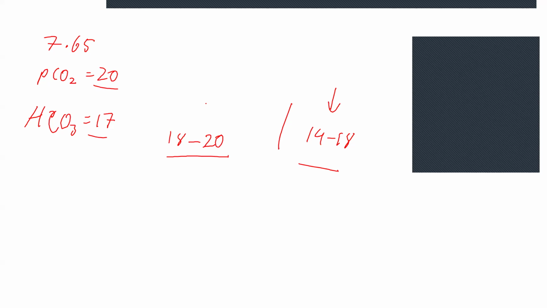Is that clear? So in our case, we have a respiratory alkalosis. If it's chronic, then it's a chronic compensated respiratory alkalosis. If the case is acute, then it's an uncompensated respiratory alkalosis with metabolic acidosis.